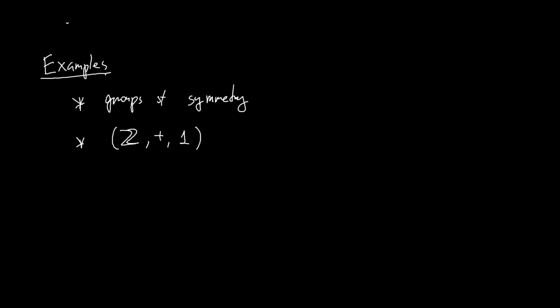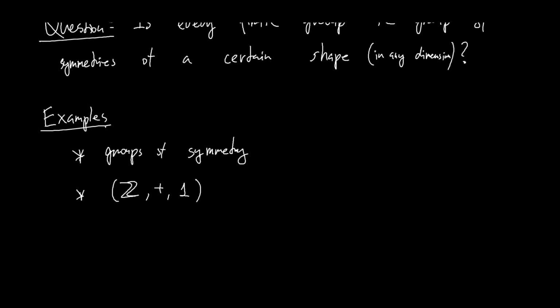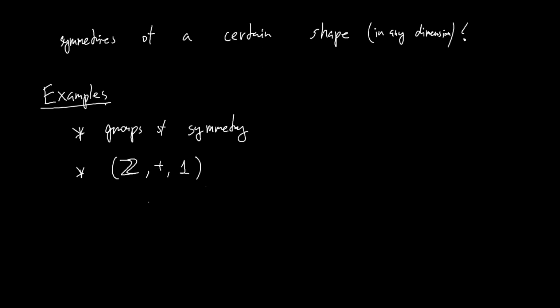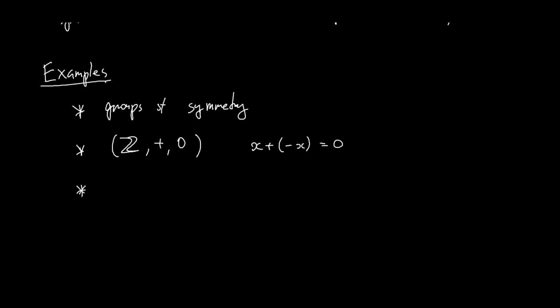So this monoid is also a group where the inverse of an element is minus that element. So x plus minus x equals 0 here. Okay, I'm making too many mistakes today. I should say 0 there instead of 1. And then another interesting group is, let's say, the positive reals, where the operation is multiplication and the identity element is 1. There, of course, inverses are the usual ones, and so on.